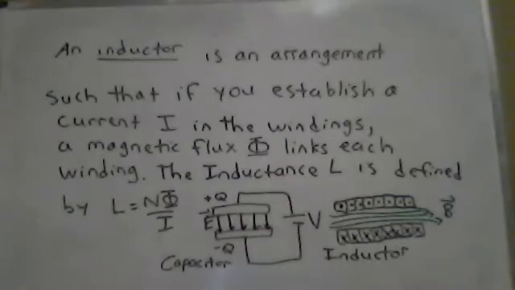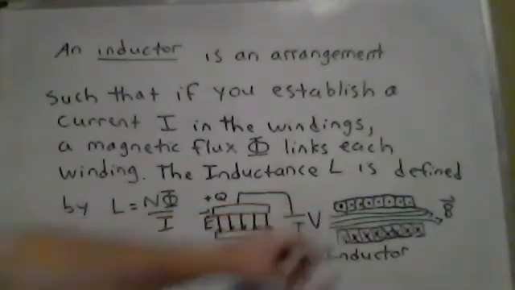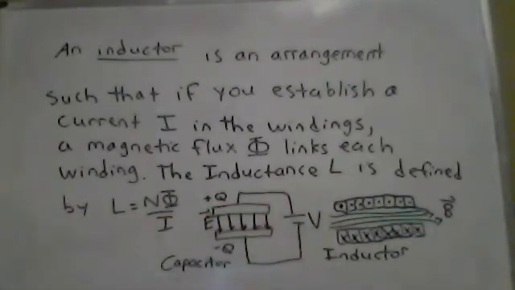Okay, so again, I have the ability to make a nice uniform electric field with a parallel plate arrangement. I have the ability to make a nice uniform magnetic field with the coil. So the go-to arrangement for electricity was the parallel conducting plates. The go-to arrangement for magnetism is the coil.